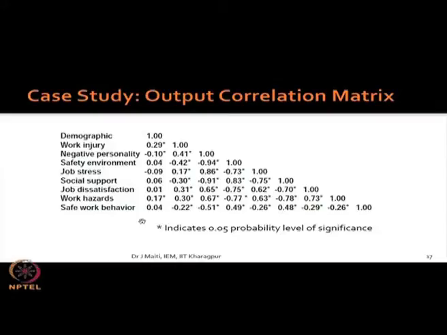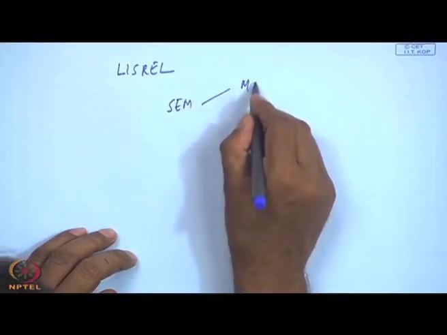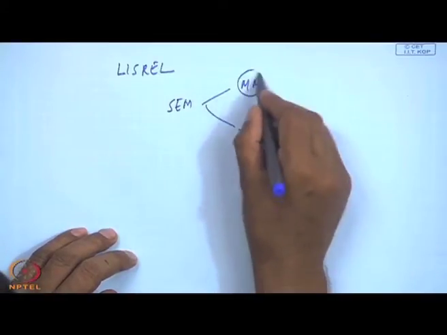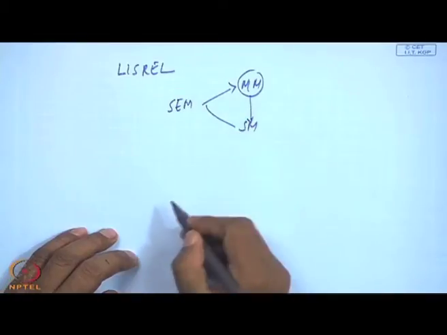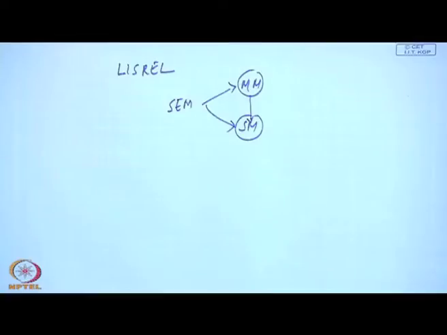I told you that structural equation modeling has 2 parts, measurement model and structural model. The output of these will be input to this.